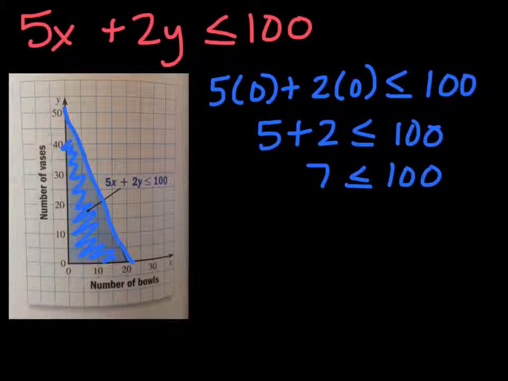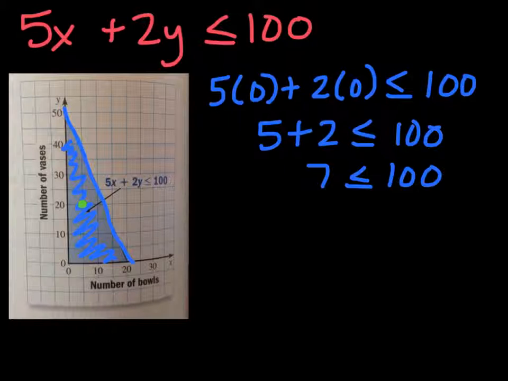Notice that we don't go into negative numbers. We can't have negative 1 bowl or negative 2 vases. Just doesn't work. So we keep our domain in positive numbers. Now we're going to choose any 3 points on the graph with whole number coordinates. A couple of examples here would be (5, 20), right? So we could make 5 bowls and 20 vases.